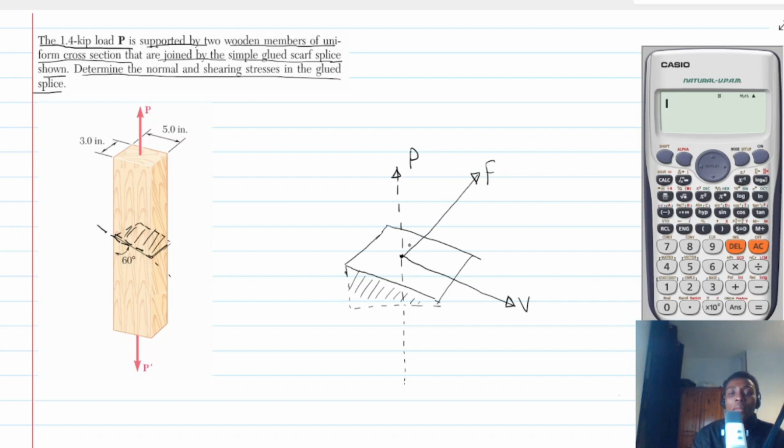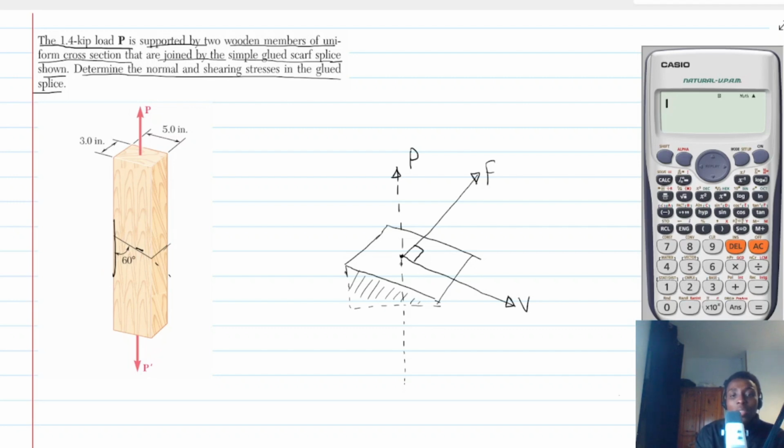Interestingly, all the time, the angle between the normal force and the shear force should always be 90. Okay. But from the question, it can be seen that the 60 degrees is cut with respect to the vertical.